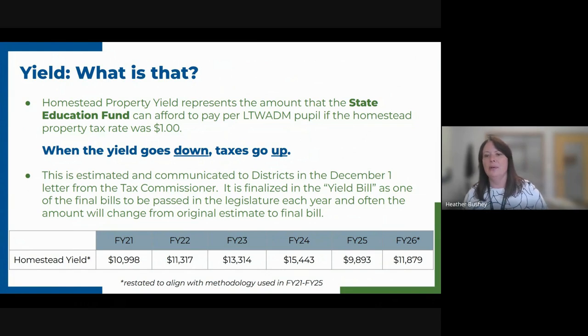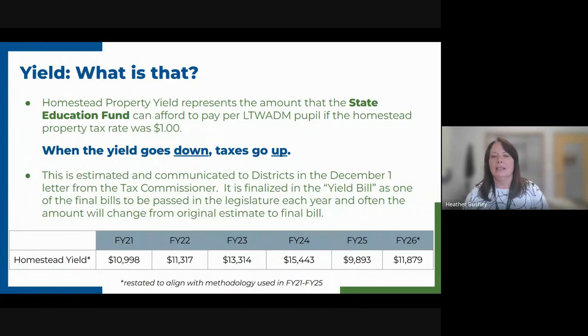So we know we're going to have to charge more than $1. Essentially, if our net ed spending per pupil was $9,893, it would be at a $1 tax rate. Now, when the yield goes down, taxes go up because that means the ed fund can't afford as much per pupil. So we have to increase taxes in order to fund it.